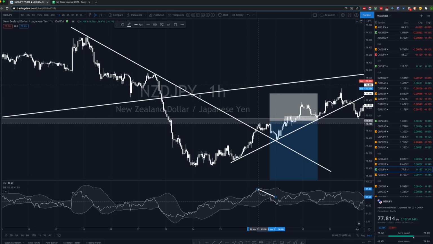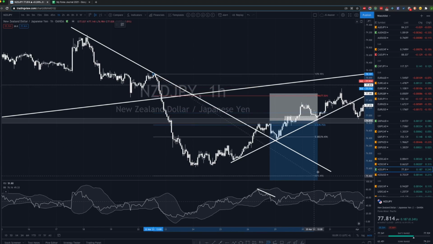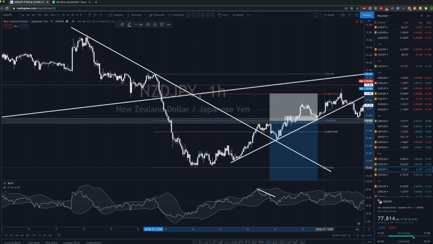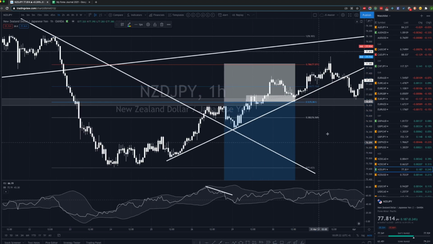So price on the chart is forming equal highs, but we're forming lower highs on the RSI. Together with that, if we pull a fib from this high to the low, this ended up being a nice 50% level. So I just set a limit here at the 50% level.